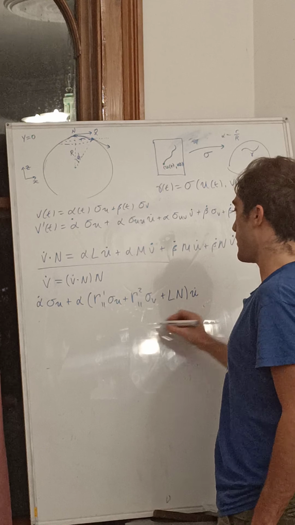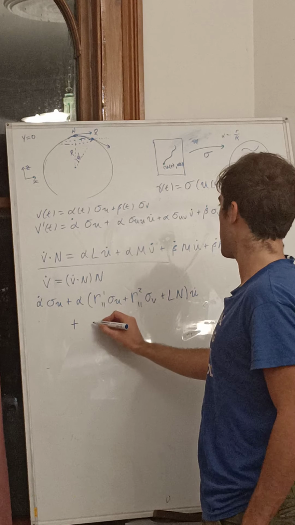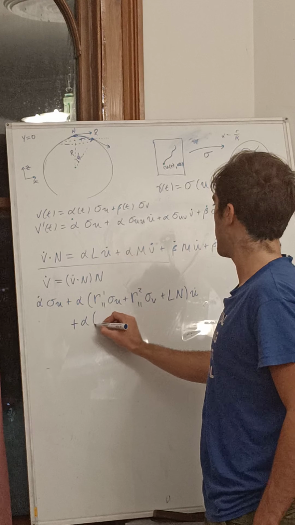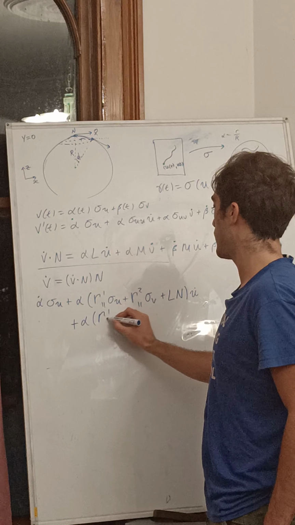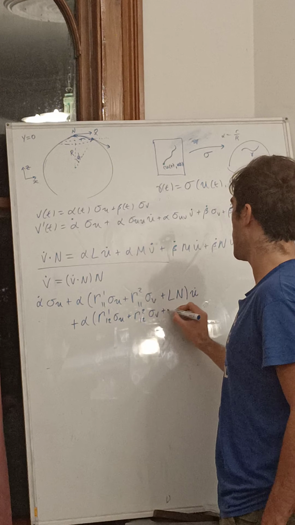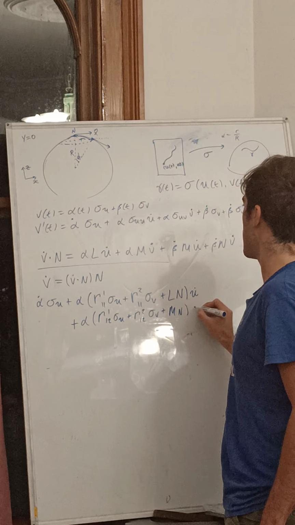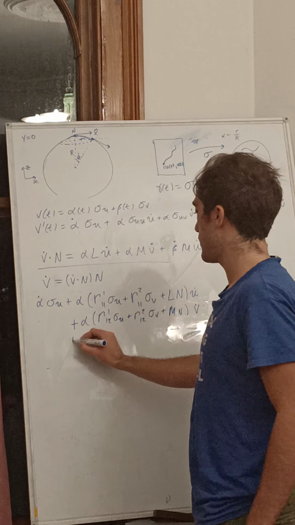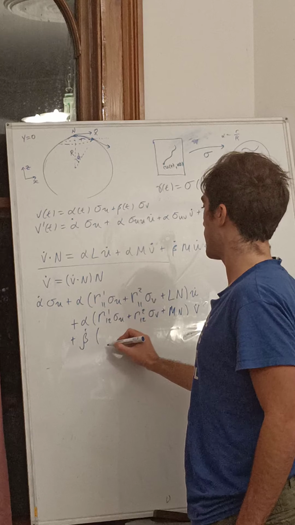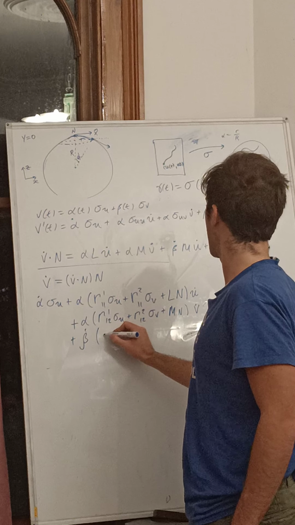Then plus alpha gamma 1 1 2 sigma u plus gamma 2 1 2 sigma v, plus m n v dot, plus beta dot sigma v.